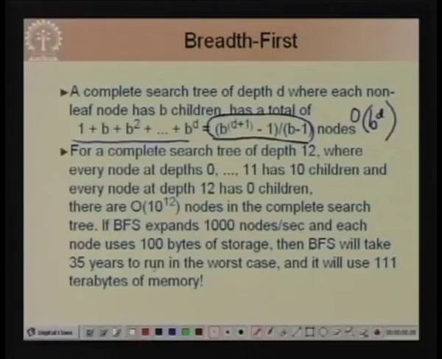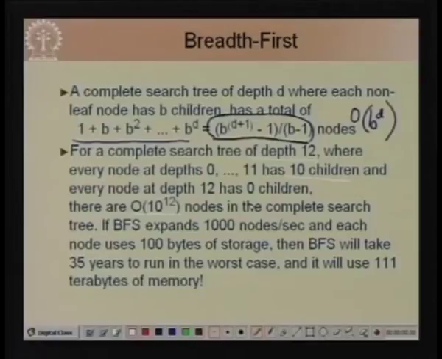For example, if we have a complete search tree whose depth is 12 and every node up to depth 11 has 10 children, then the number of nodes expanded by breadth first search will be order of 10 to the power 12, that is 10 followed by 12 zeros.